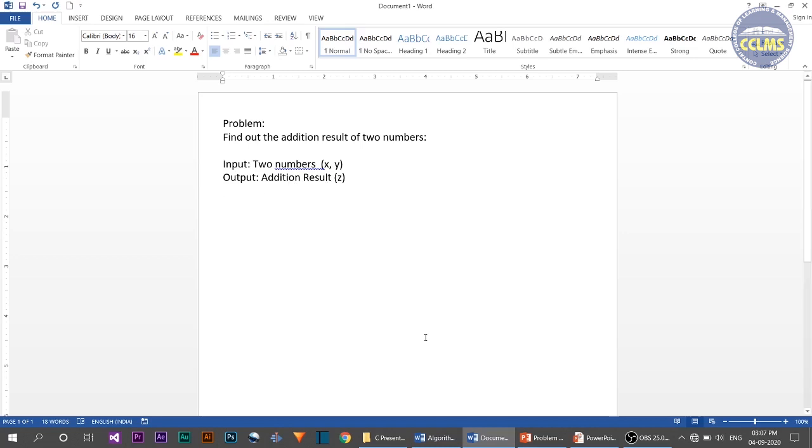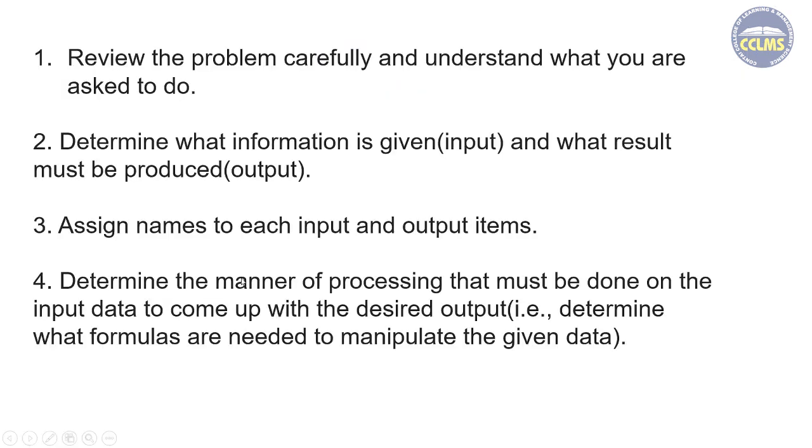Then moving to the last step, step number 4: determine the manner of processing that must be done on the input data to come up with the desired output. That means the formula. Here we want to find the addition result, so we have to determine how we can add two numbers. We use the addition sign, that is the plus sign.